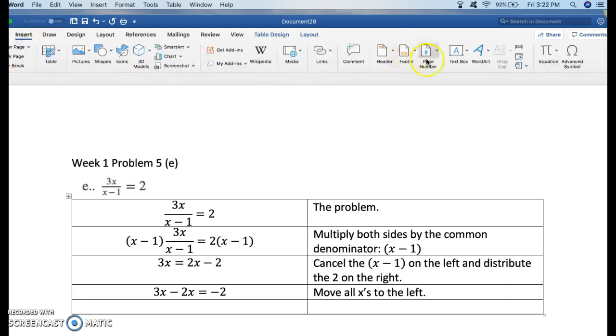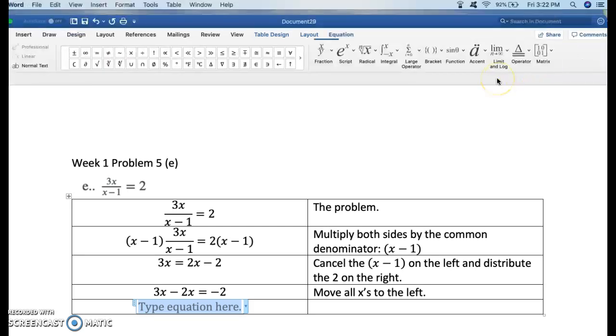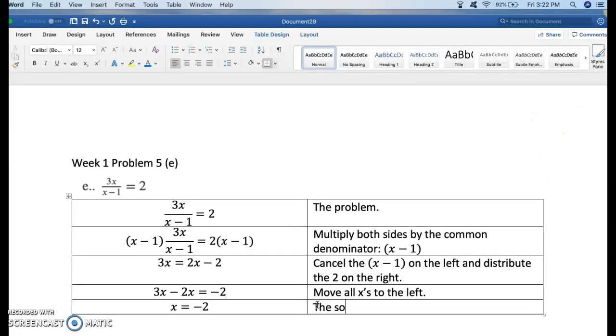Then I would insert the equation, and x is equal to negative 2. The solution. Of course, you could also check it.